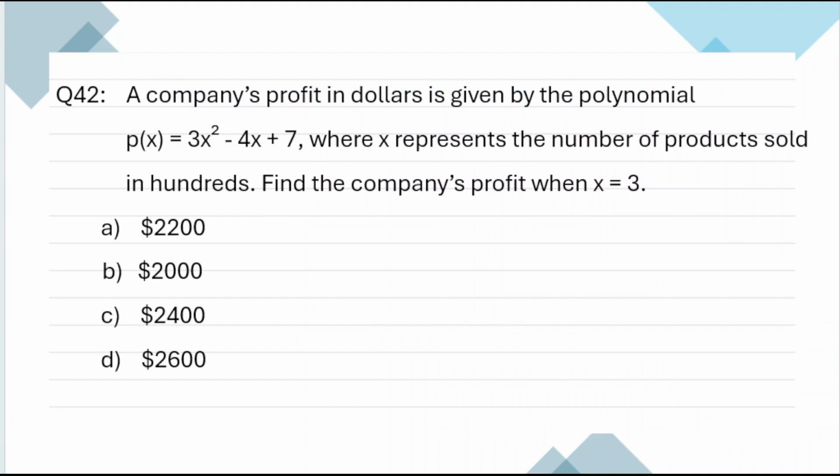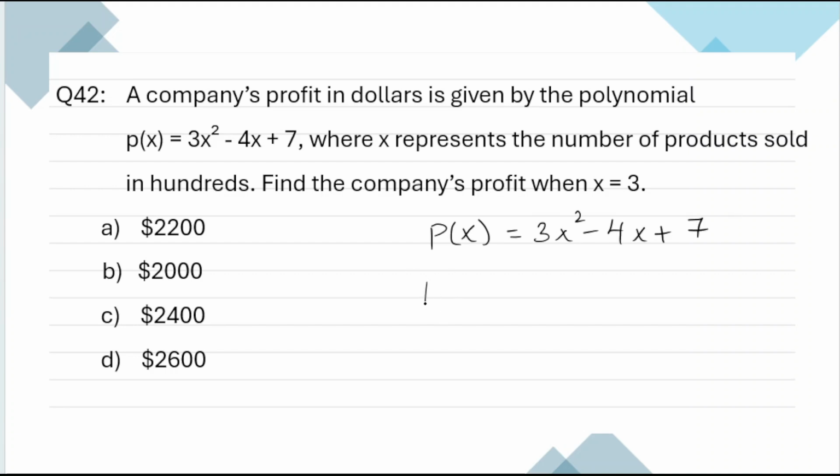A company's profit in dollars is given by the polynomial p(x) equal 3x square minus 4x plus 7, where x is the variable. It represents the number of products sold in hundreds. So find the company's profit when x is 3. So our polynomial is p(x) equals 3x square minus 4x plus 7.